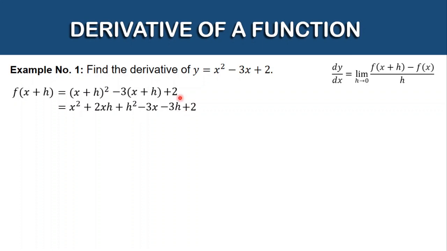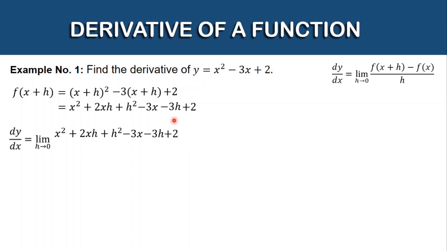Okay, so ito yung isa-substitute natin dito sa part ng ating formula. So let's have our formula. So dy over dx is equal to the limit of, so the first thing here, so x squared plus 2xh plus h squared minus 3x minus 3h plus 2.